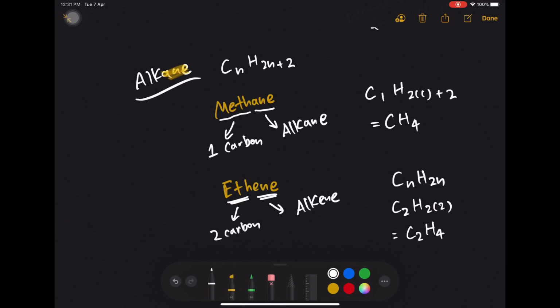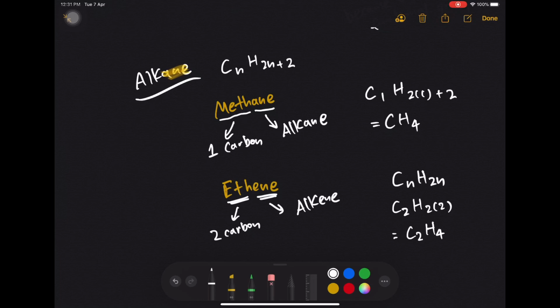Take note that I'll go in depth into each of the alkane and alkene later on, but for alkane we have methane, right?